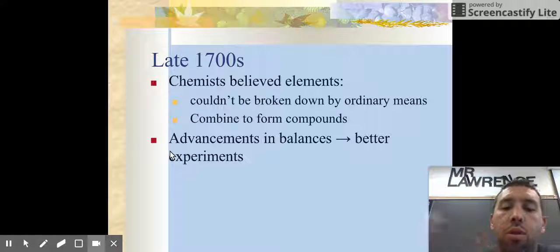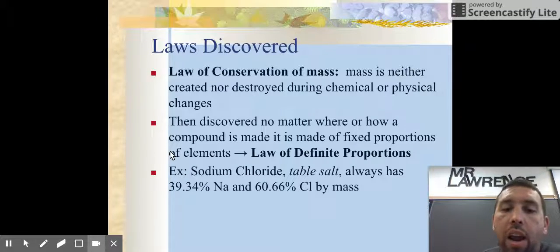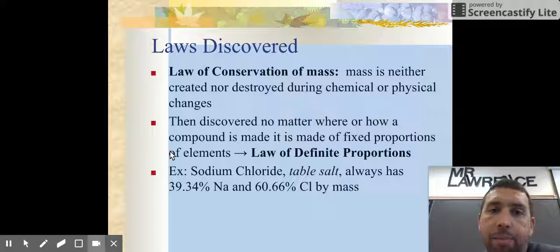And we were able to discover this through the advancement in our balances, through the way that we did our experiments, the way that we began to organize our data, and build upon the laws that other scientists have learned through the years. And so because of that, we were able to, in the last few hundred years, come up with 3 laws that dictate how we think about the atom today.